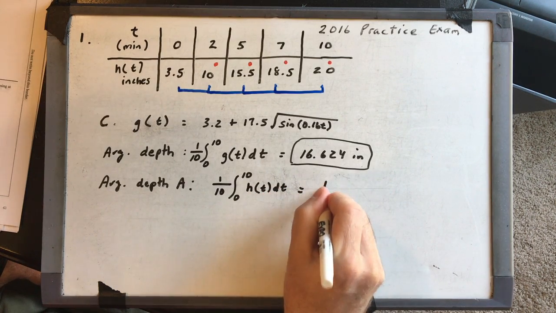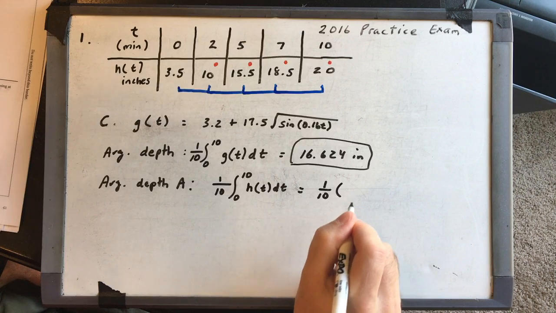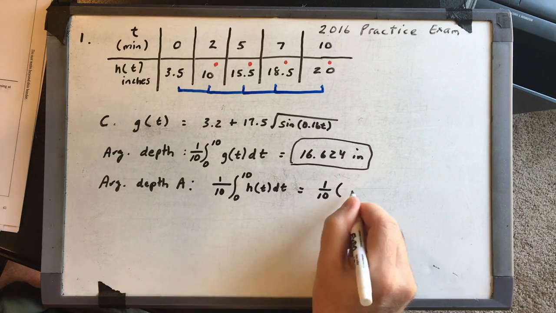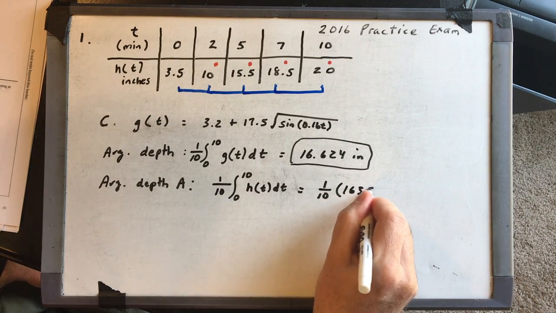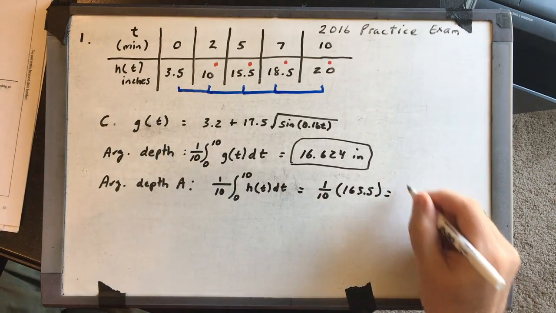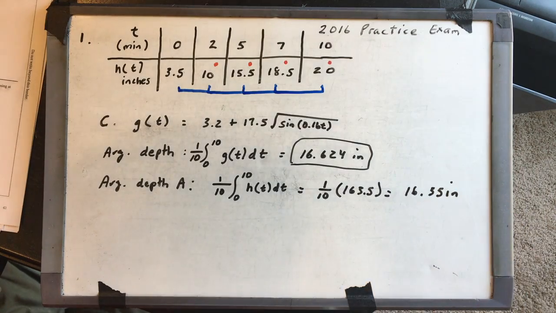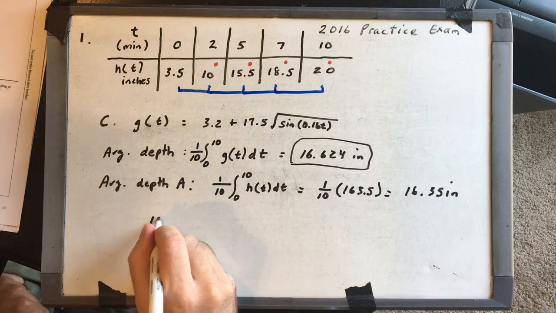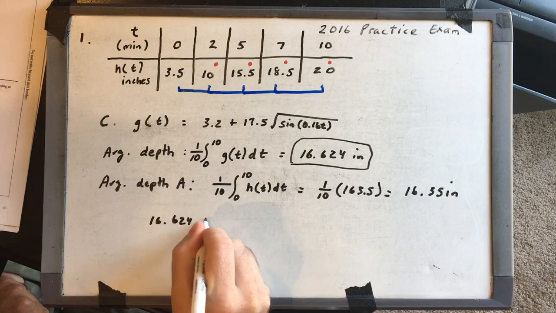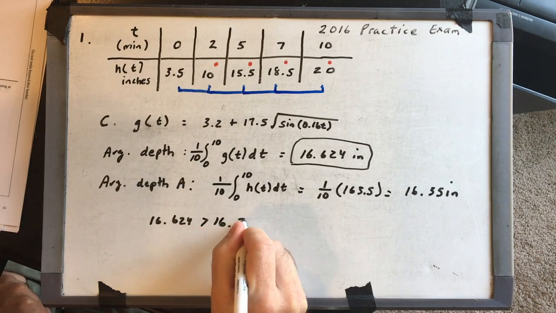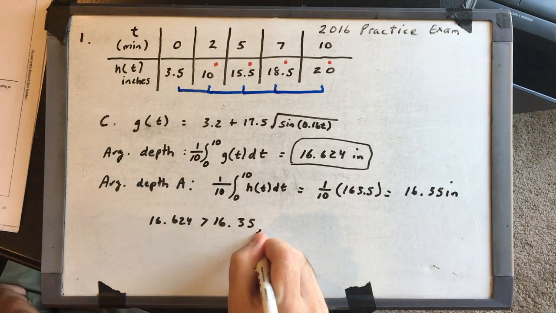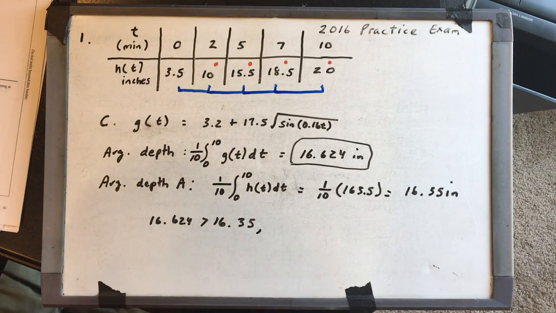That's 1/10, and our answer in part B was 163.5. So that's going to be 16.35 inches. So since 16.624 is greater than 16.35, the average depth is greater in tank B.